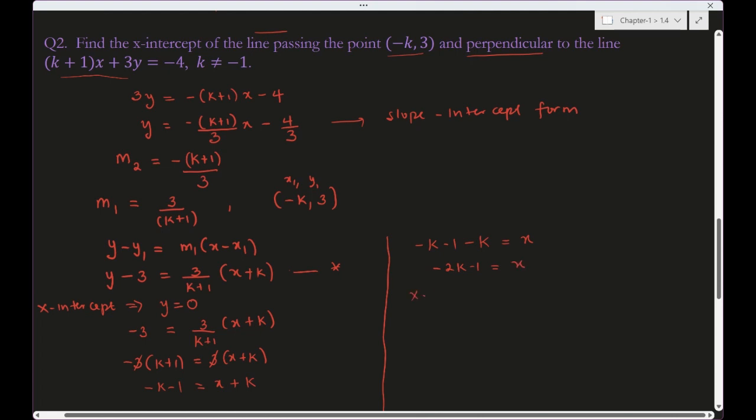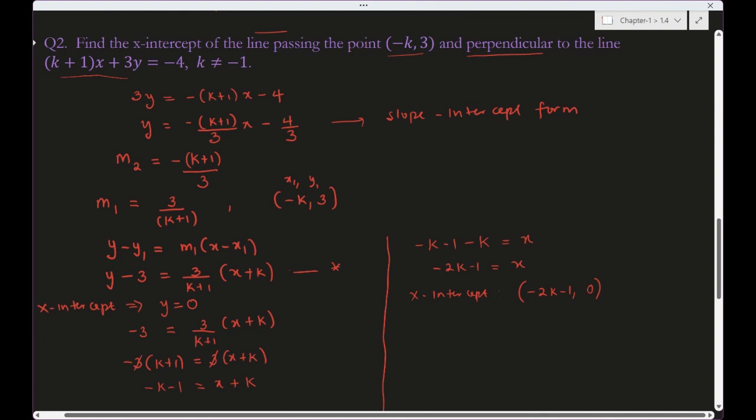So it means that our x-intercept is going to be, our x is minus 2k minus 1, and the value of y is 0. So it depends on the value of k. So this is just like a general intercept. Now, for different values of k, you will get different x-intercepts.